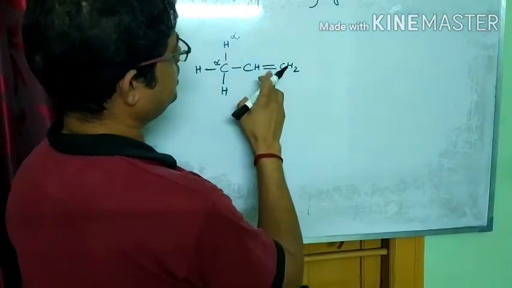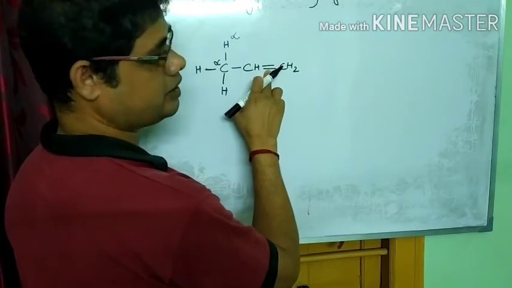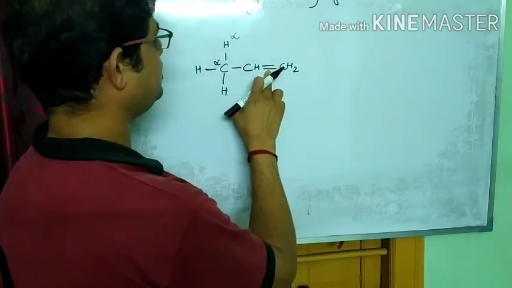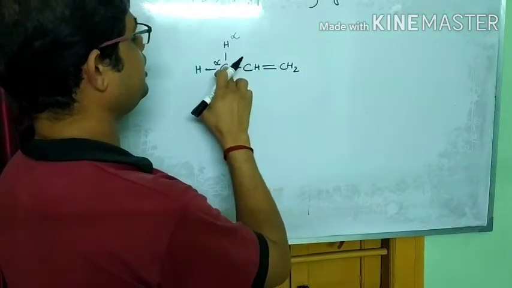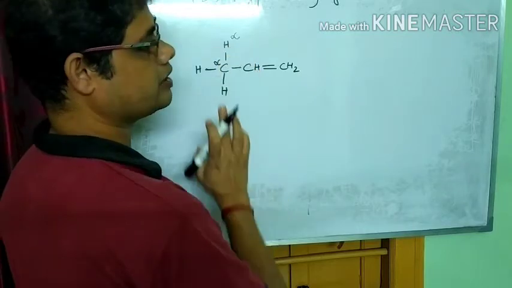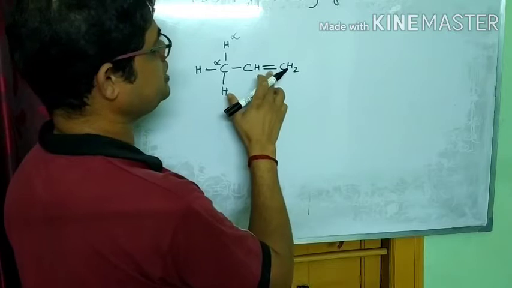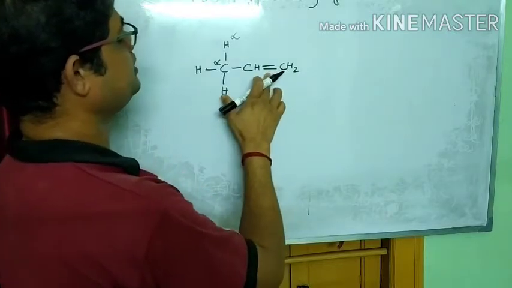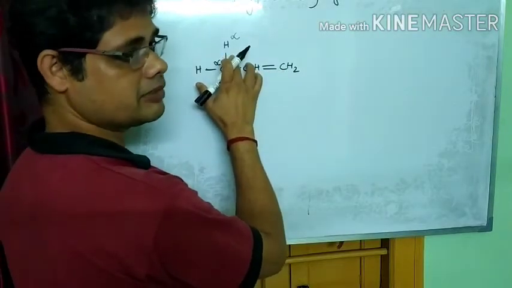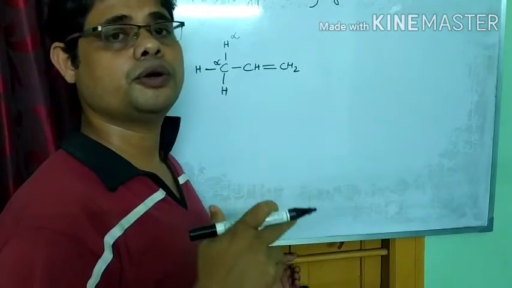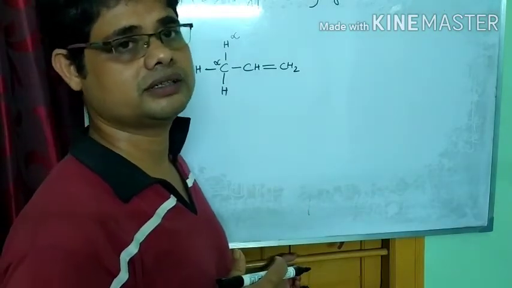Now look, there is a double bond and there is carbon-hydrogen sigma bond. Here a conjugation occurs between this double bond and this carbon-hydrogen sigma bond. Remember what happened in Mesomeric effect?